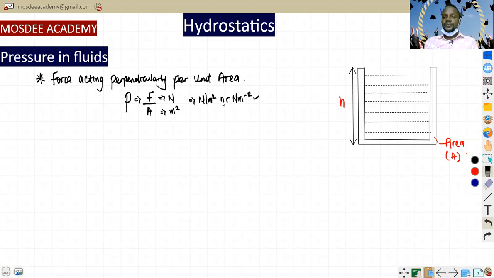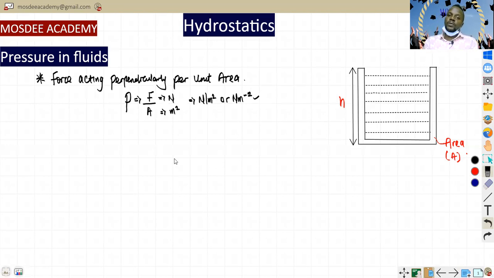Similarly, we also need to understand pressure in fluids, because one thing we need to understand about pressure, which I believe we might have learned in early classes, is that pressure acts in solids, liquids, and gases. In fact, in early classes, you might have been told that a body will exert the greatest pressure when it is standing at the tip of its toe. The reason is that the tip of the toe has a very, very small area.